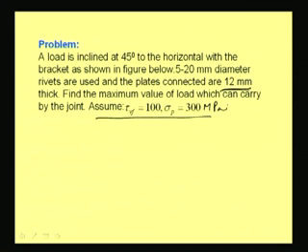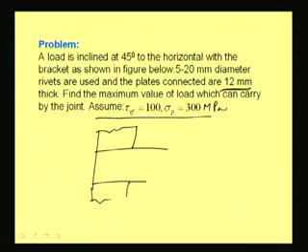So, now let me draw the joint, then we will be able to understand what we have to do. Say this is the bracket.